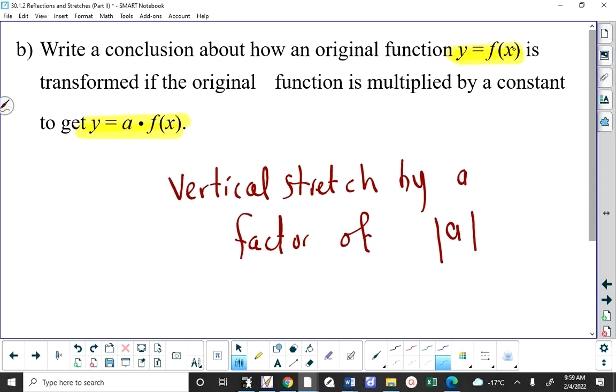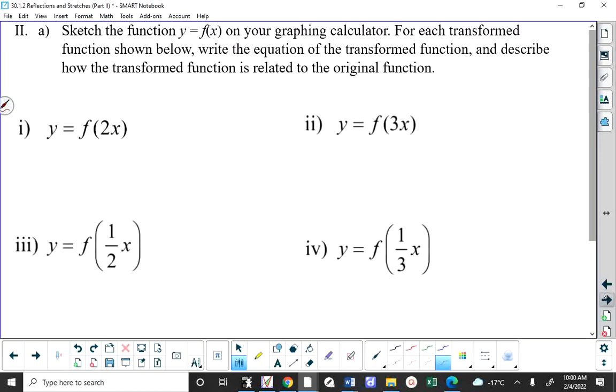Well, if a is negative 5, then the function will reflect vertically, and it will be stretched vertically by a factor of 5. We would never say it's stretched vertically by a factor of negative 5. There might be a negative as part of the a, but you don't include it when you talk about the stretch factor. All right, let's take a look now at these.